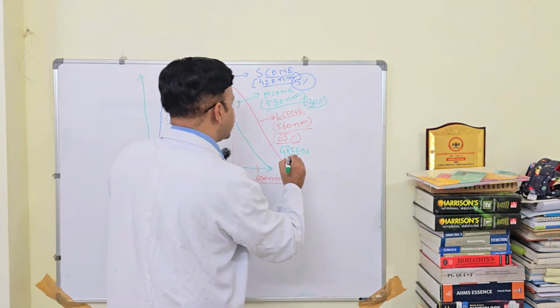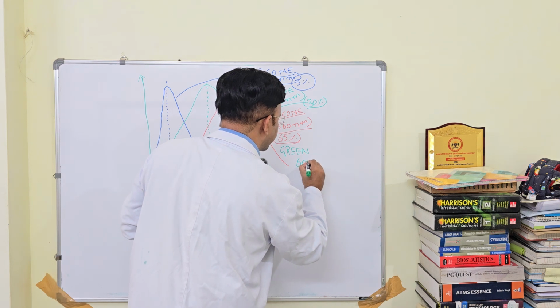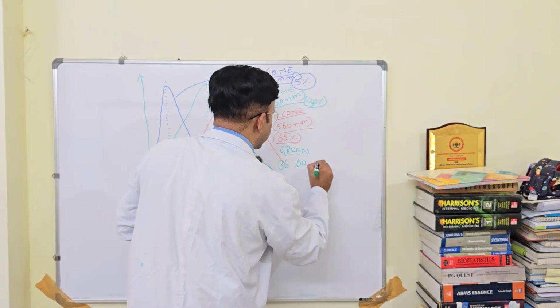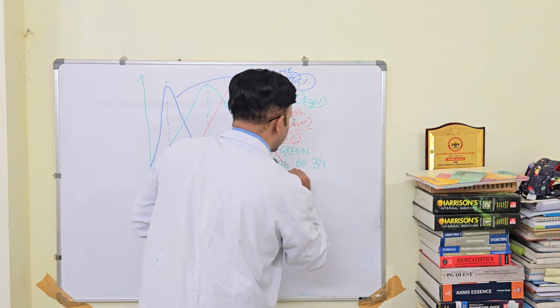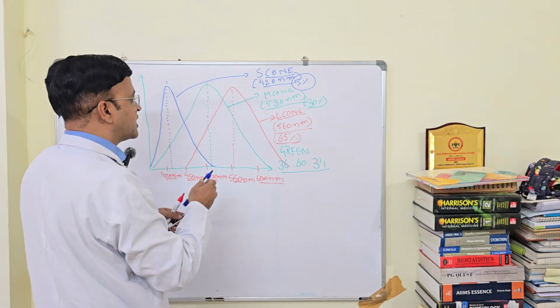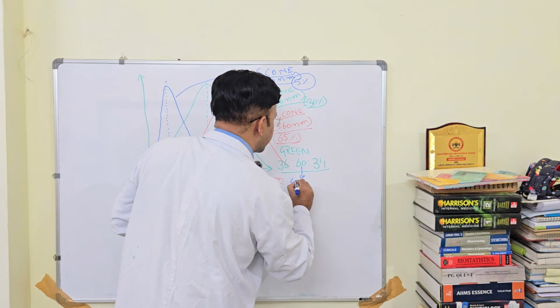It's going to maximally stimulate your green cone, like 60% of the green cones, but it's also going to stimulate some portion of your blue cone and some portion of your red cone. Since the green is getting maximally stimulated, the brain will perceive it as green.